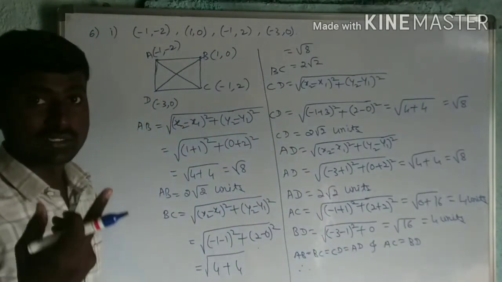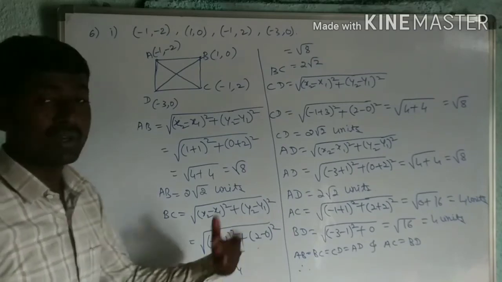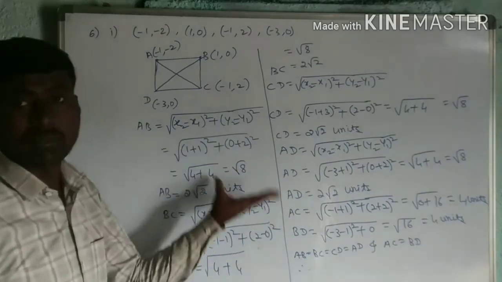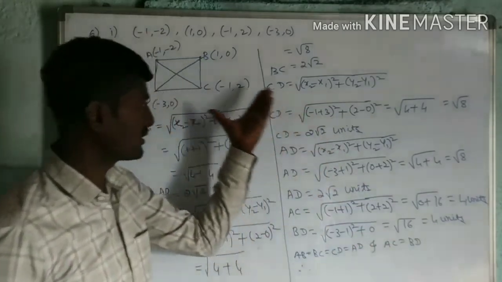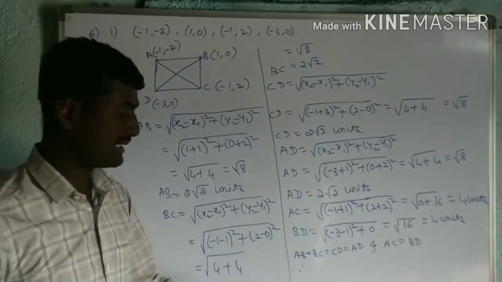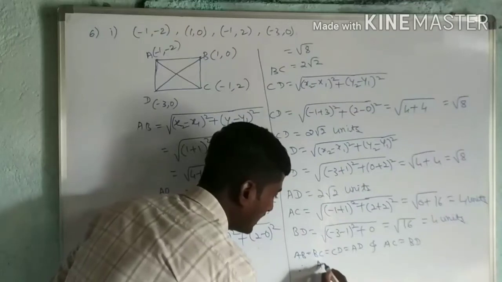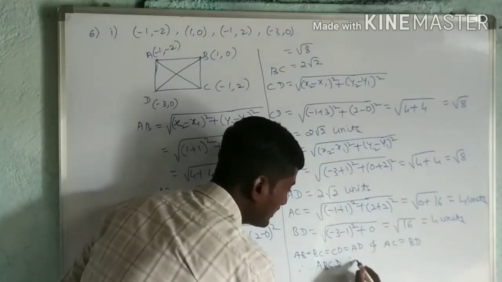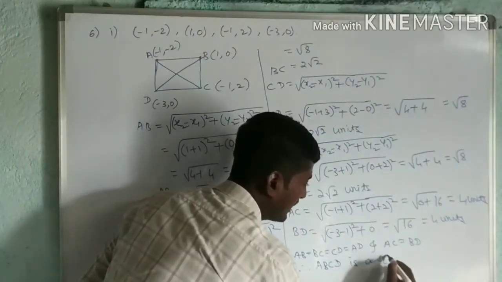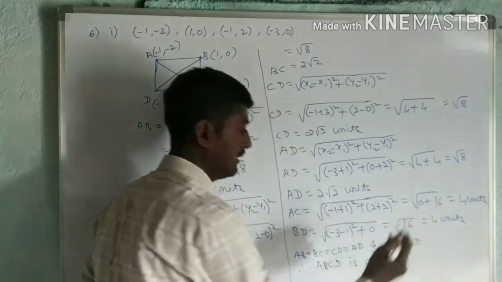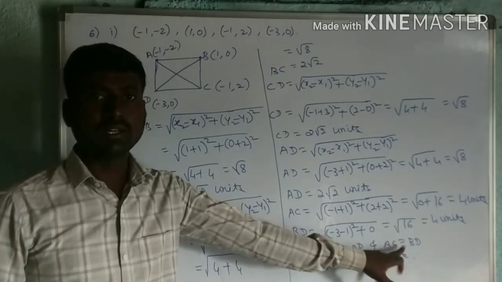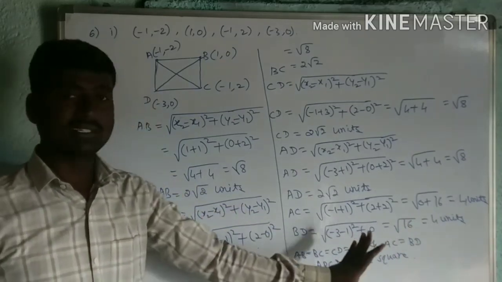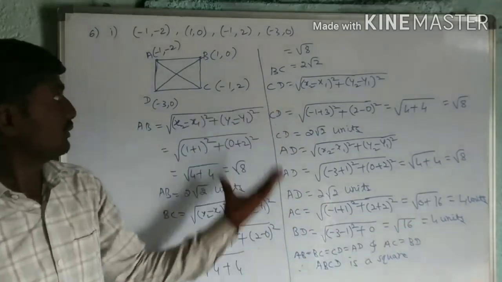They ask you to give the reason why you are going to say this is this type of quadrilateral. We have to give the reason. Because of this reason I can say that ABCD is a square. So here all 4 sides are equal and diagonals are also equal. Then I can say that ABCD is a square. This is how we can solve this.